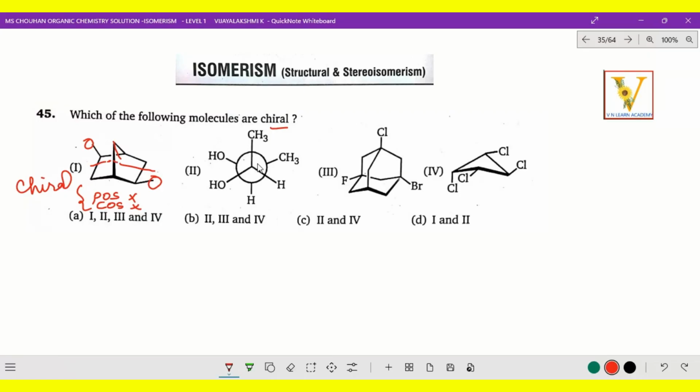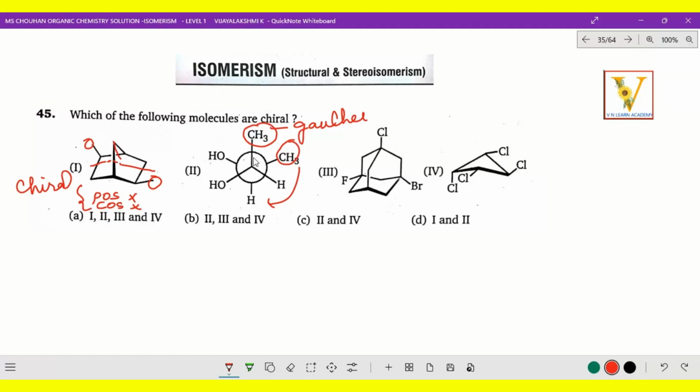The same way, in the second one, here CH3 and here CH3. This is actually a gauche position in that Newman projection. Gauche means 60 degrees; when you rotate you will get the anti position, which has less steric hindrance.